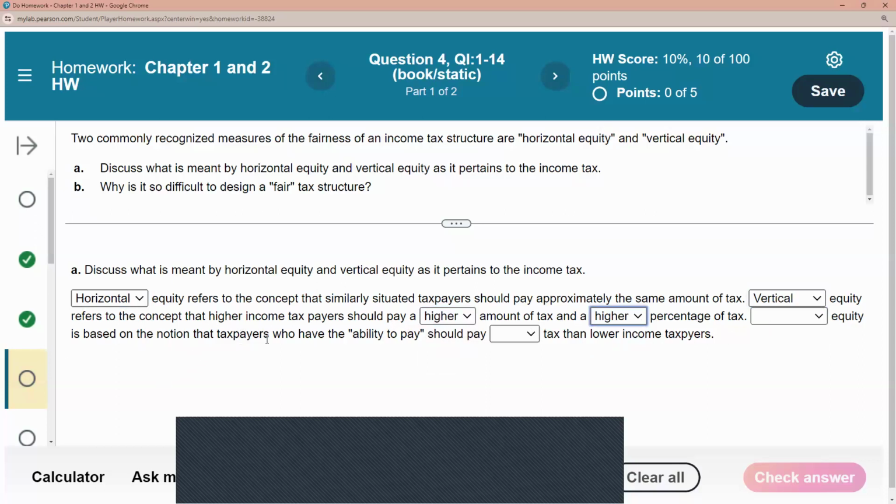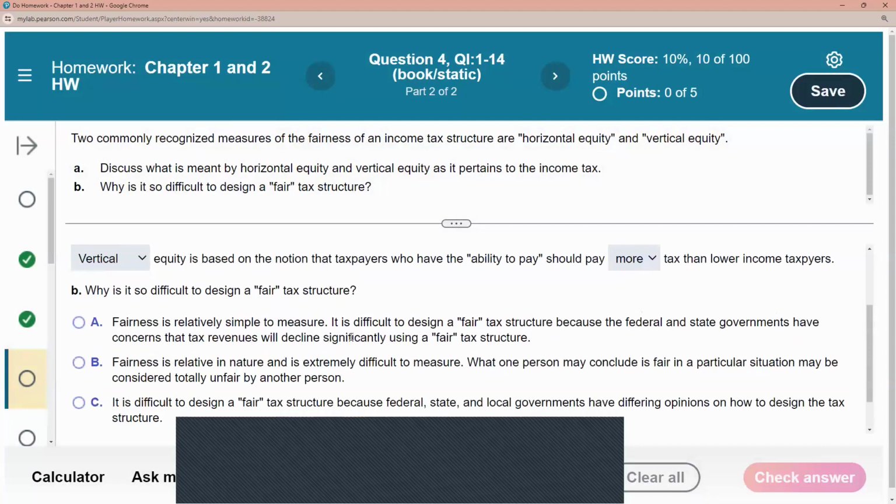Blank equity is based on a notion that taxpayers who have the ability to pay should pay blank tax than lower income taxpayers. So this is vertical. Vertical equity is based on a notion that taxpayers who have the ability to pay should pay more than lower income taxpayers.